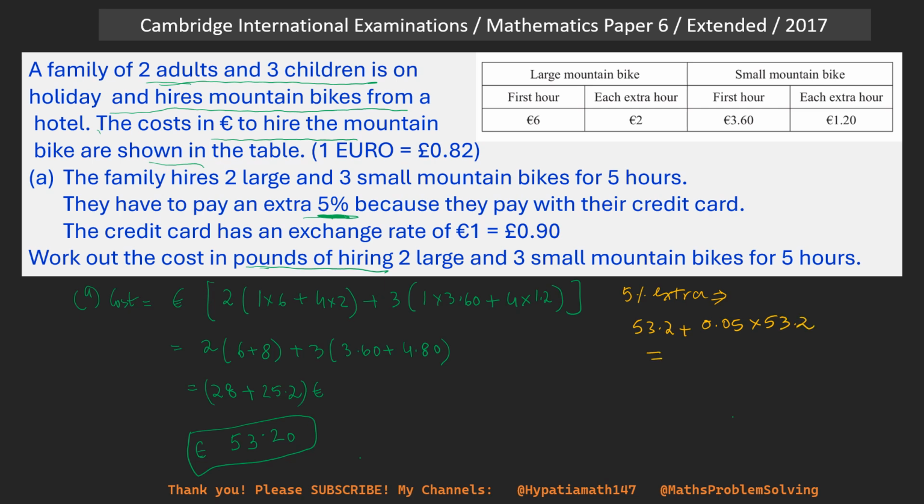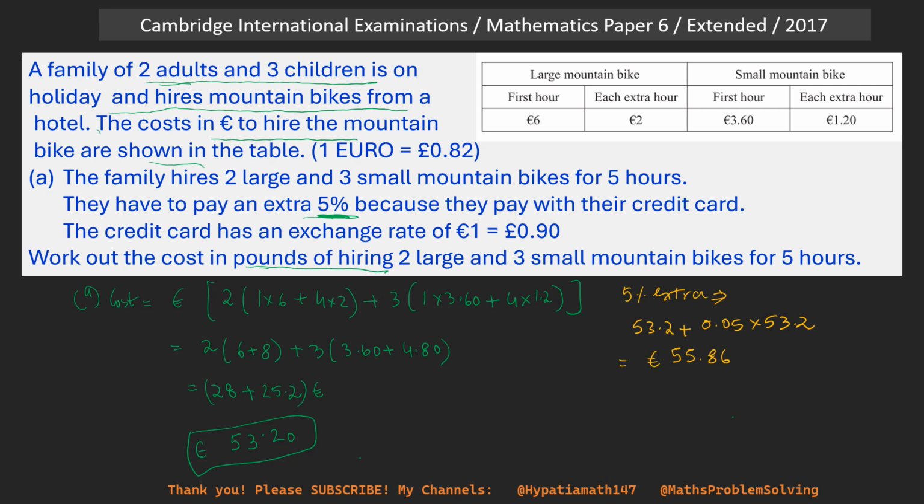I get 2.66, and to this I add 53.2, so I would get 55.86, which is still in euro.